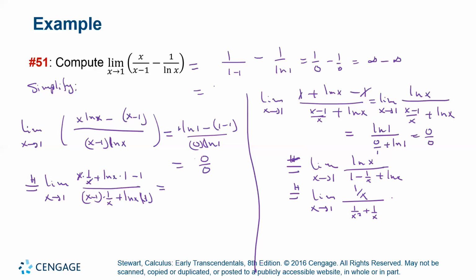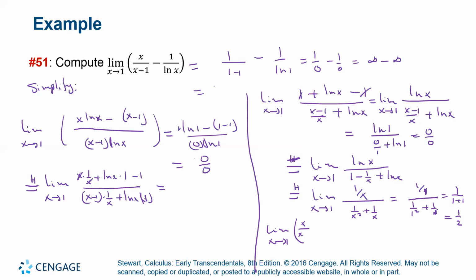Okay, so when we substitute 1 into that, we have 1 over 1, and then 1 over 1 squared plus 1 over 1. That gives me 1 over 1 plus 1, which will give us 1 half.